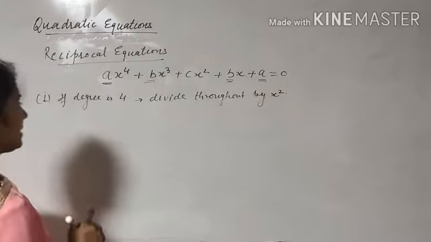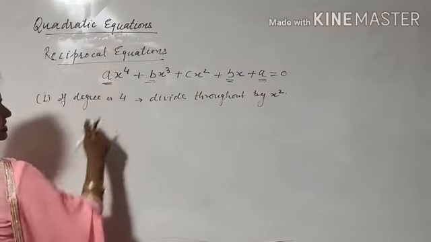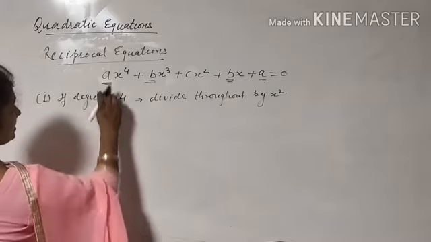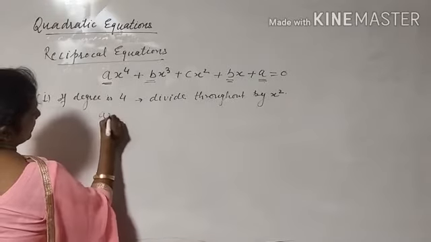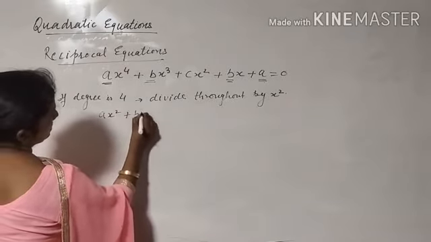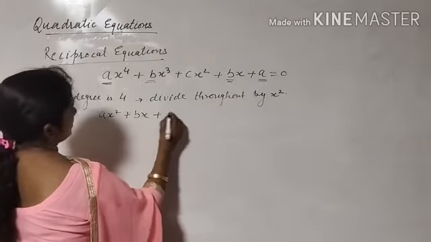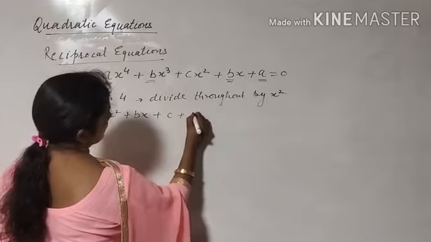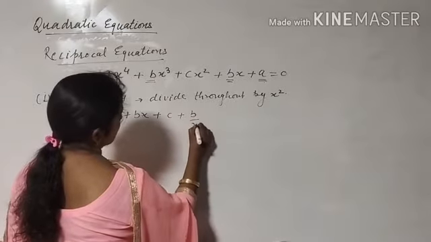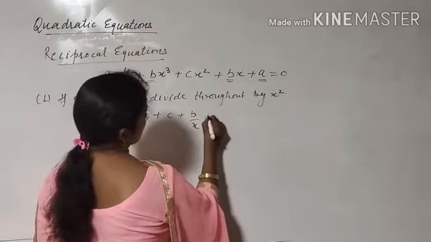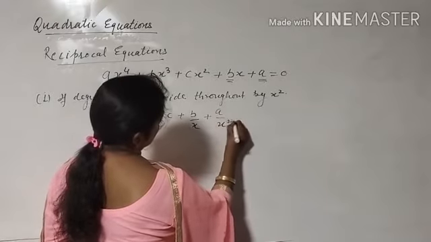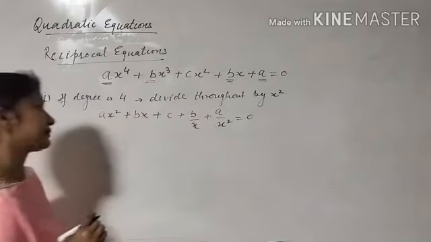Then you may get the factors. If I divide by x square, then I have ax square plus bx plus c plus b by x plus a by x square is equal to 0.